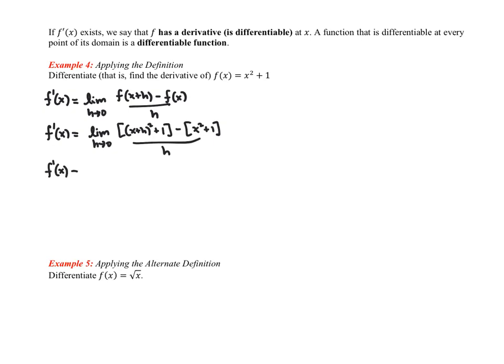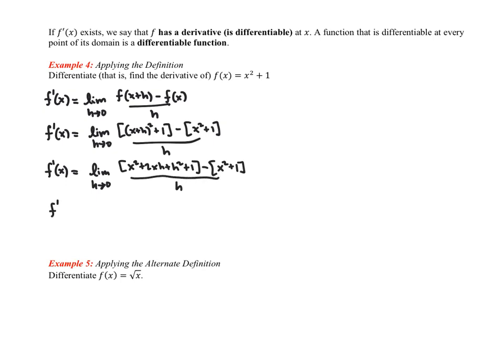So the derivative function, which can be used to find the slope of the tangent line anywhere on a curve, will end up being the limit as h approaches 0 of x squared plus 2xh plus h squared plus 1 minus x squared plus 1, all over h.